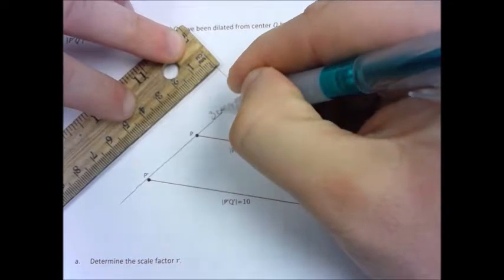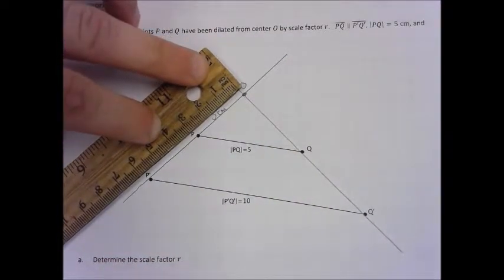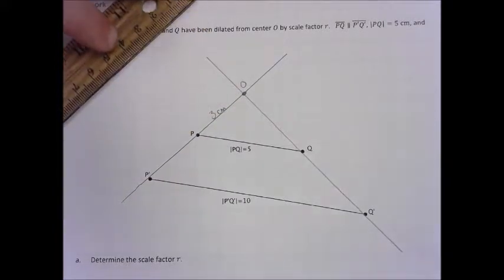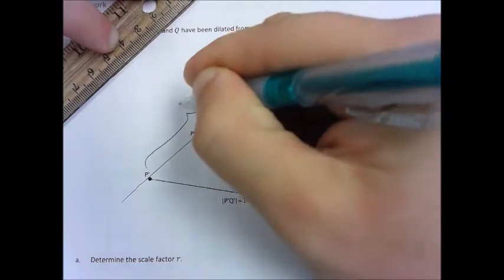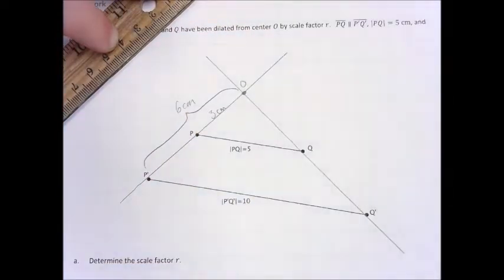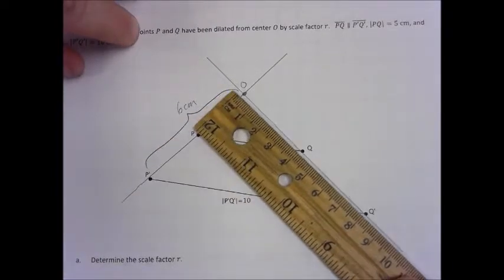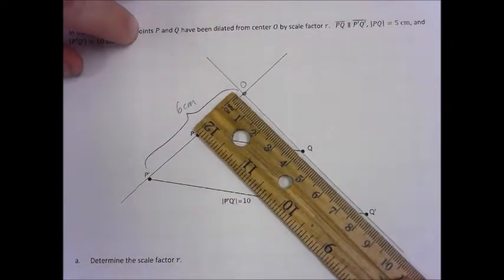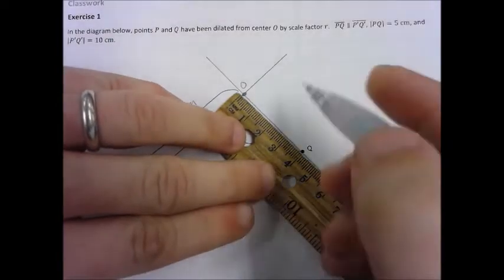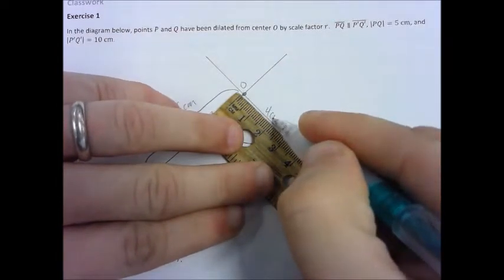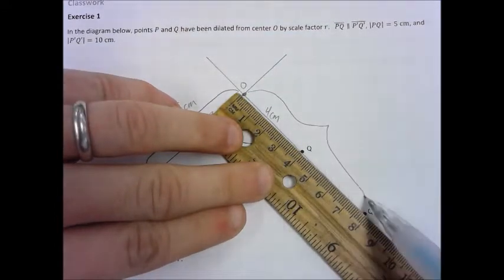Then from O to P prime, it looks about 6 centimeters. Then we do the same thing with the other side with points OQ and OQ prime. That looks like 4 centimeters for OQ, and for OQ prime it looks like it's 8.